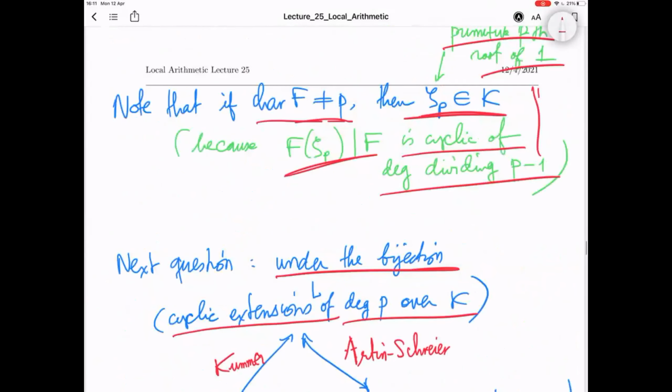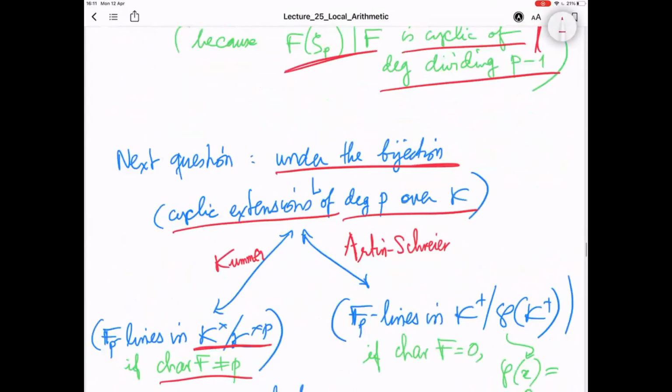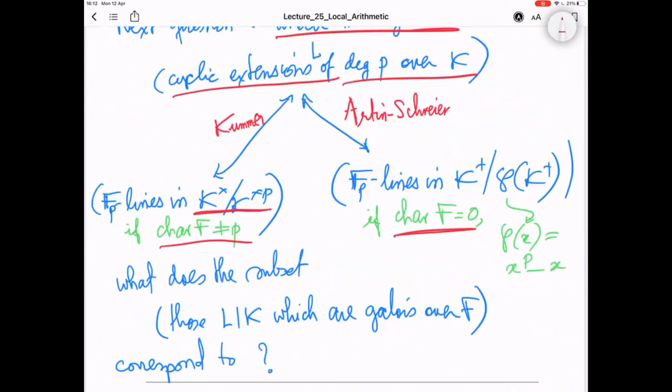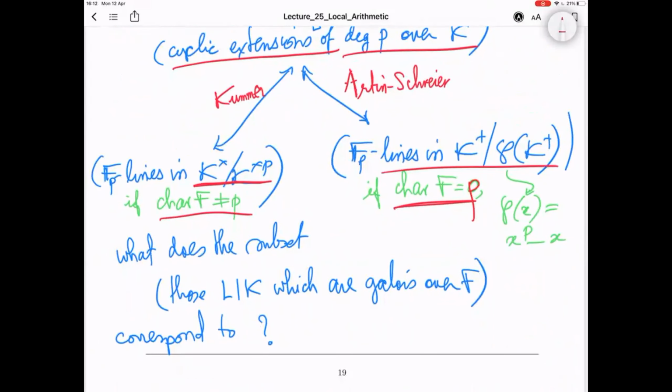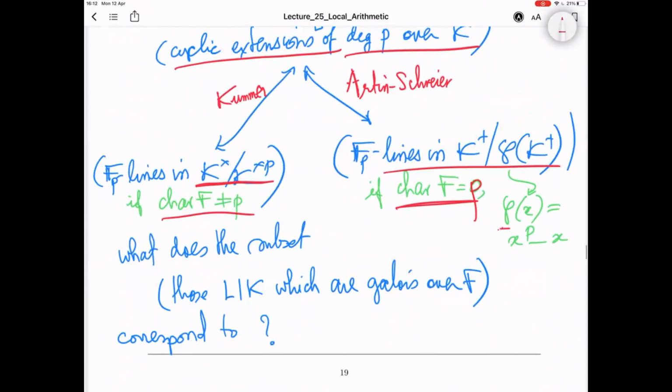That's what we have noted here. Or if the characteristic of F is equal to p, not 0, equal to p, then F_p lines in K plus modulo ℘K plus, where ℘ is our old endomorphism, x to the power p minus x.